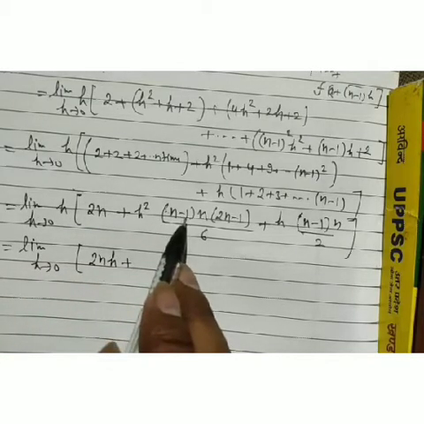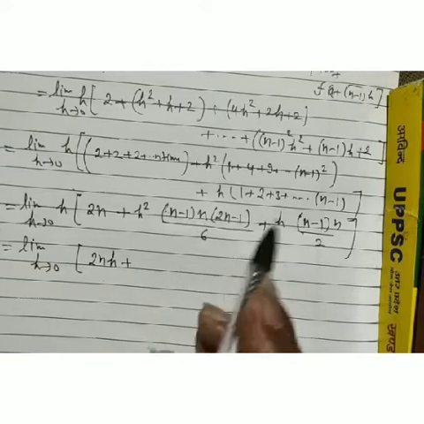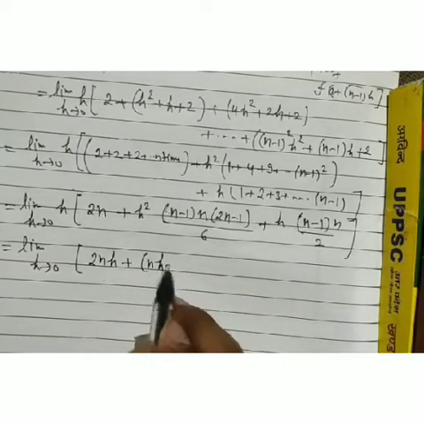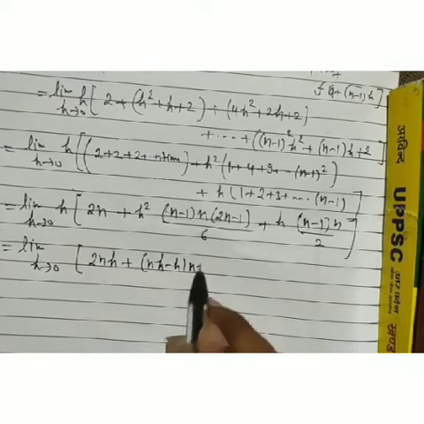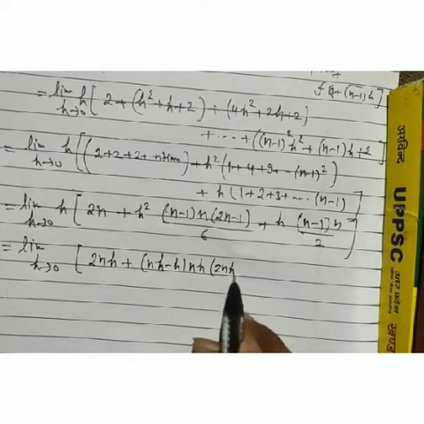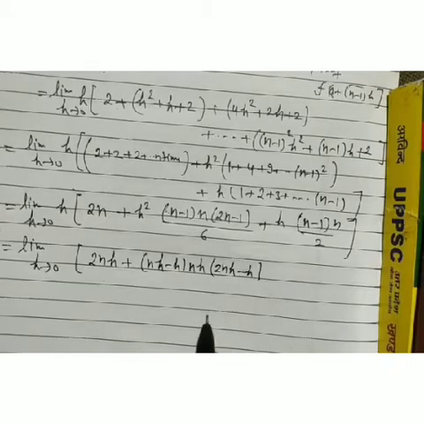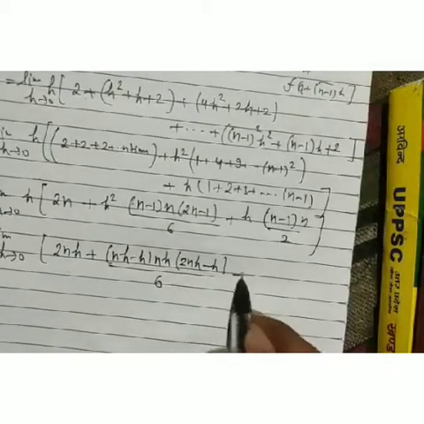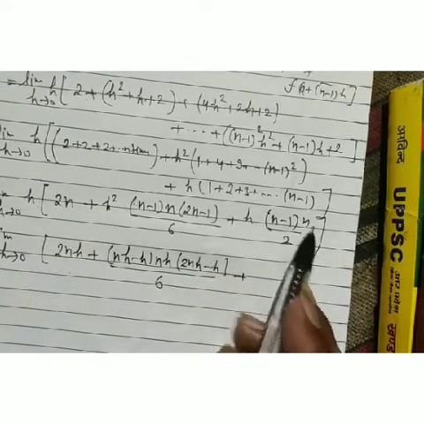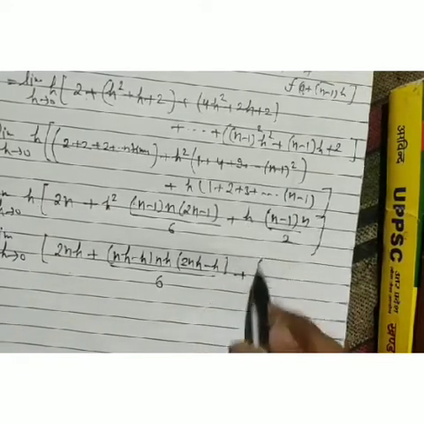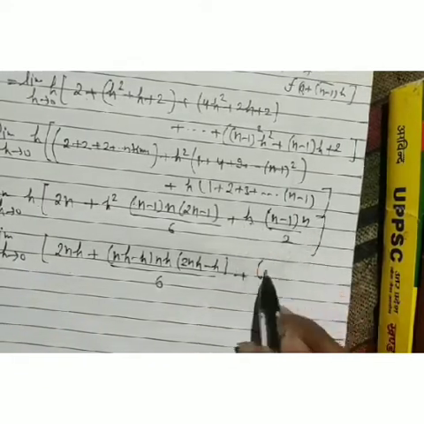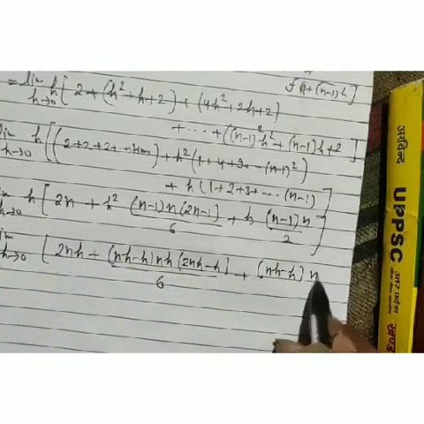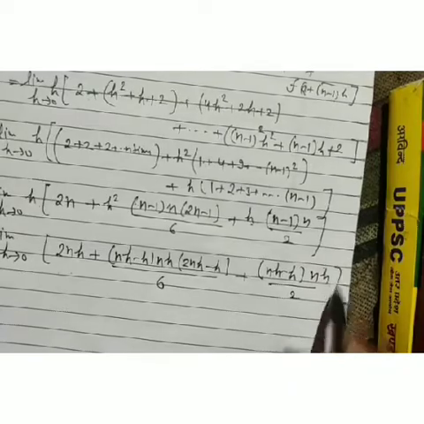Then in the first bracket we have nh minus h, nh, and 2nh minus h divided by 6. Then here we get h into h squared when we have 2n there. Then nh, h minus h, and this h with nh divided by 2.